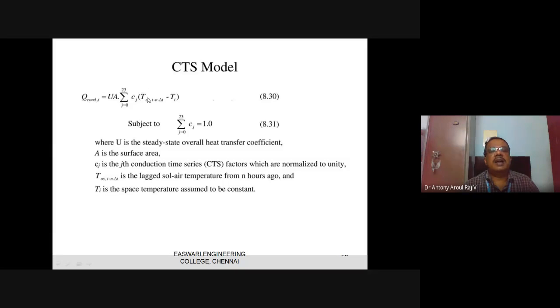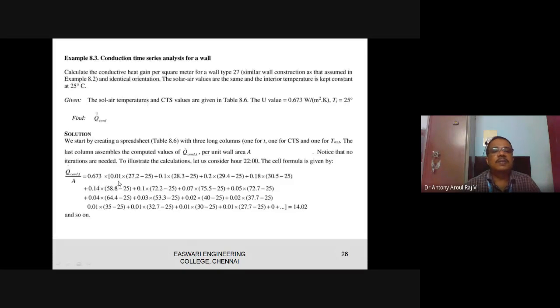For each hour you have the solar gain, and I have the temperature differences, the next temperature difference, and UA. When I sum it together, I get 14.02. So I have UA, and then these are the factors. These should be taken from the data book. These are the radiation factors.